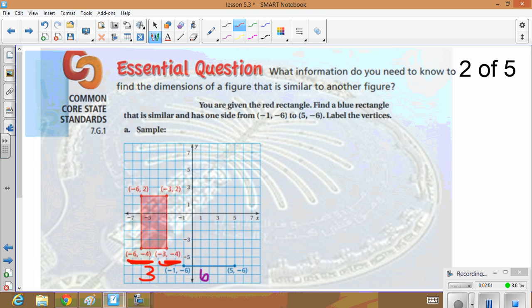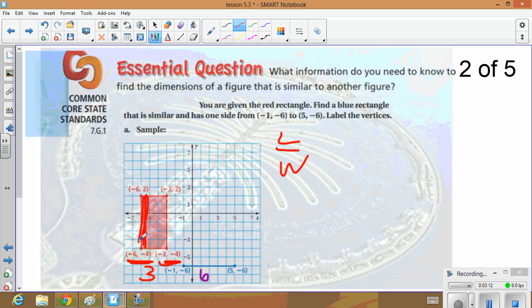So if I'm comparing length to width, I have, nope, that's wrong, I'm sorry. We could do length to width, actually. All right, I just need to figure out the height here, or the width.